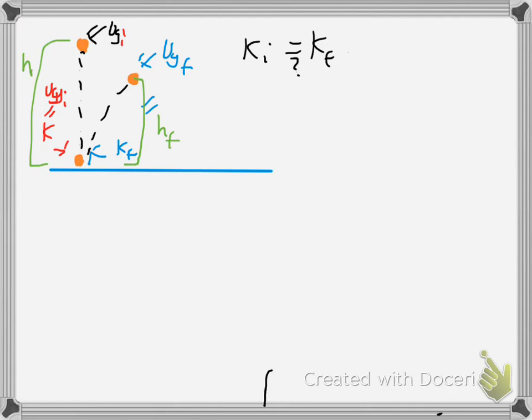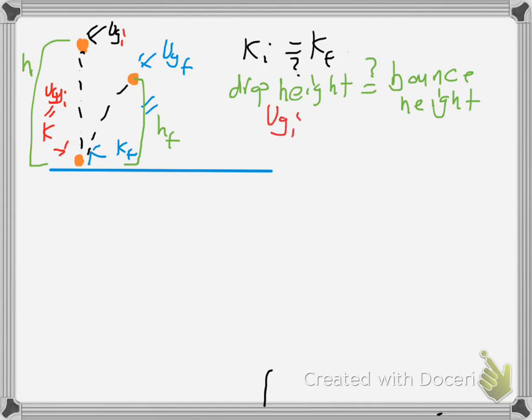So does the drop height equal the bounce height, as I'm going to call it? Of course we know the answer. It's going to be false. Because if we know the height, and the mass of the ball is not going to change, this is going to tell us, comparing the initial gravitational potential energy to the final, which is related to the kinetic energy.